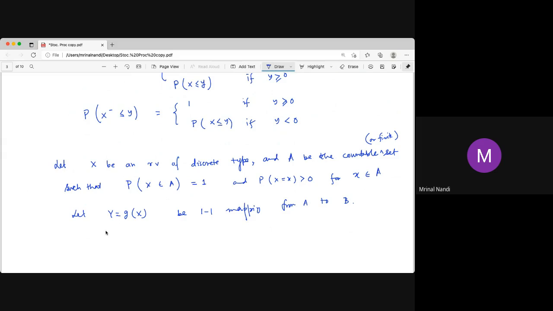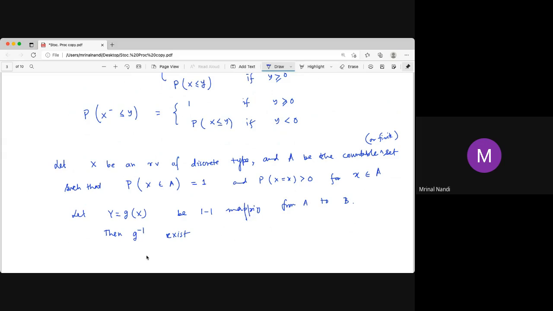Since g is one to one, the inverse function g inverse exists.